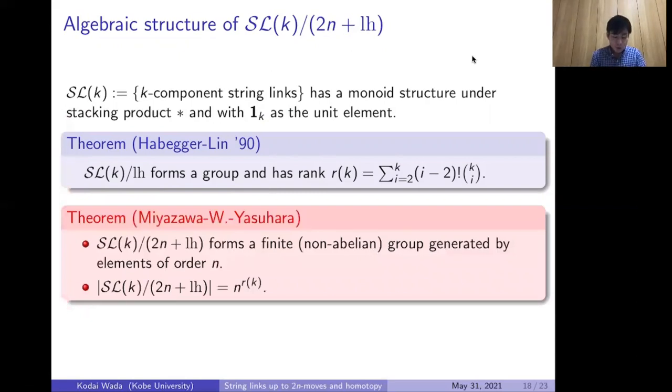The set of 2n plus LH equivalence classes of SL(k) forms a finite group generated by elements of order n. So this group has torsion. Moreover, the order of this group is equal to n to the power of R(k).